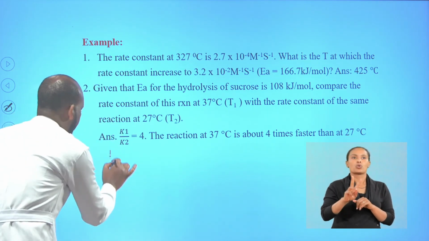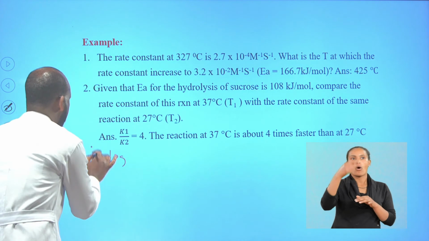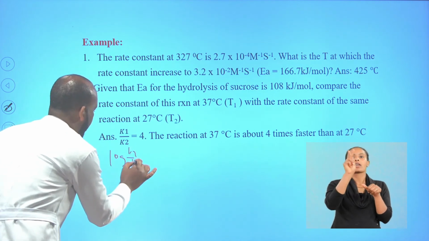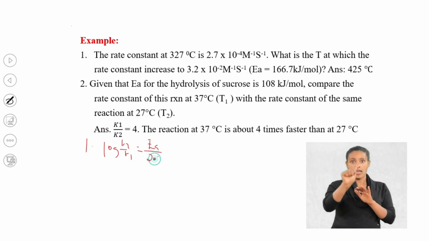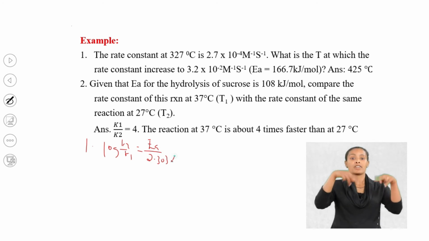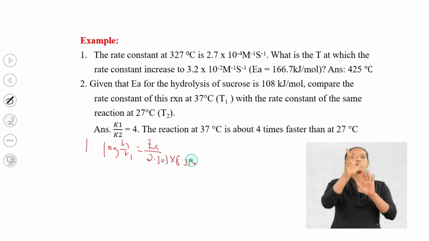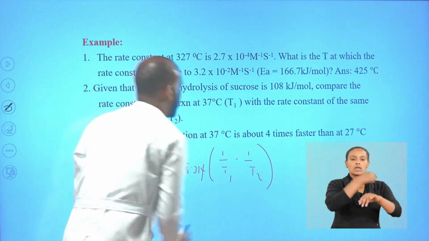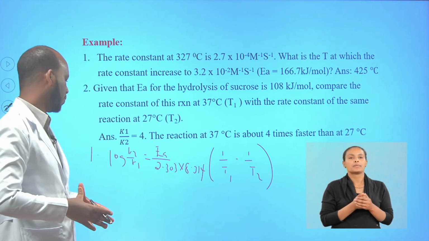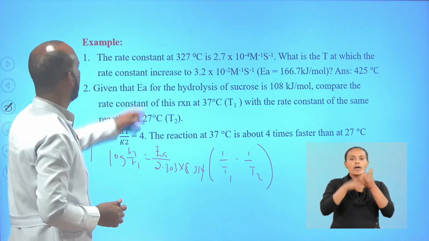Therefore, log K2 divided by K1 equals activation energy Ea divided by 2.303 R, where R is the universal gas constant having value 8.314 joule per Kelvin, into 1 over T1 minus 1 over temperature T2.